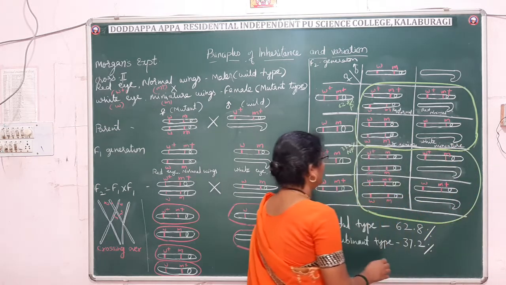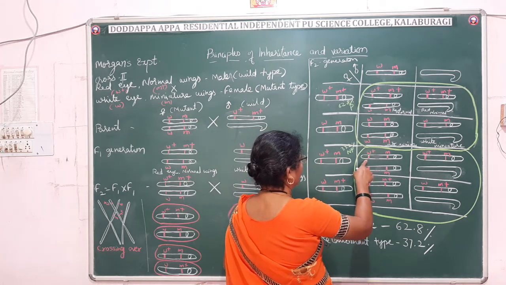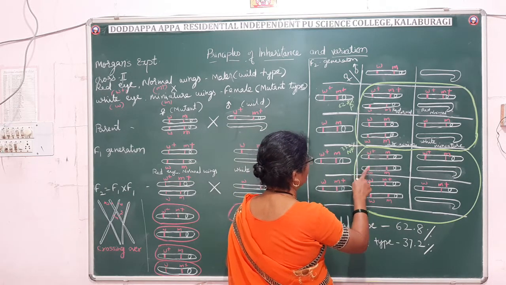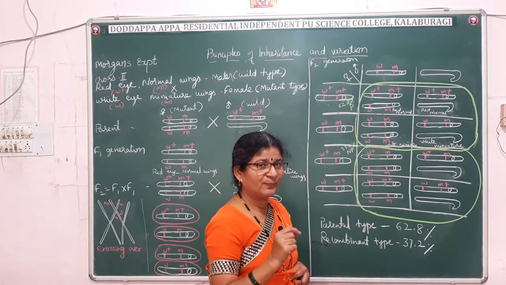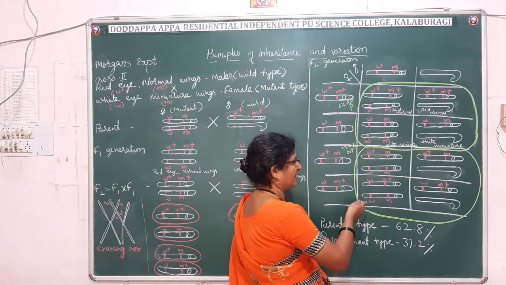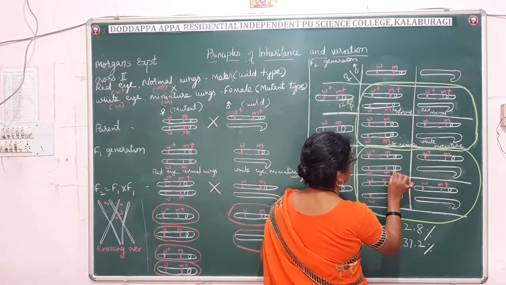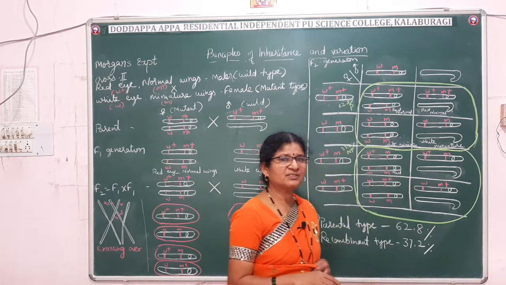Fine. Now next type of progeny is X chromosome from the father, X chromosome from the mother. As here W is dominant, W+ gene is there. So the eye controlling gene is dominant, thus it will express red eye color, and M is recessive, that is the mutant type is there.